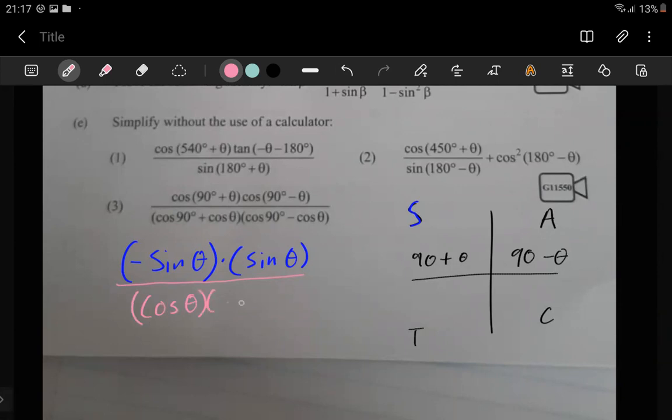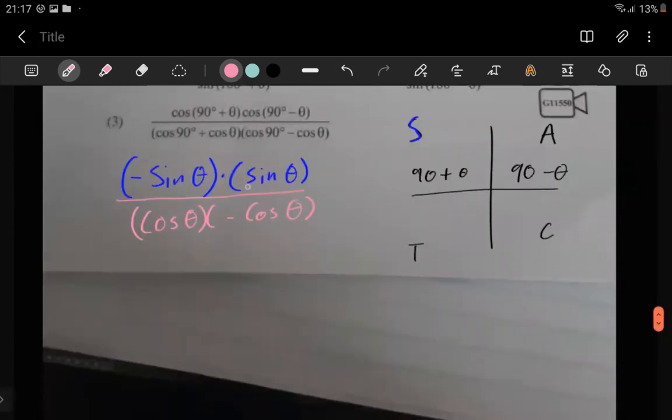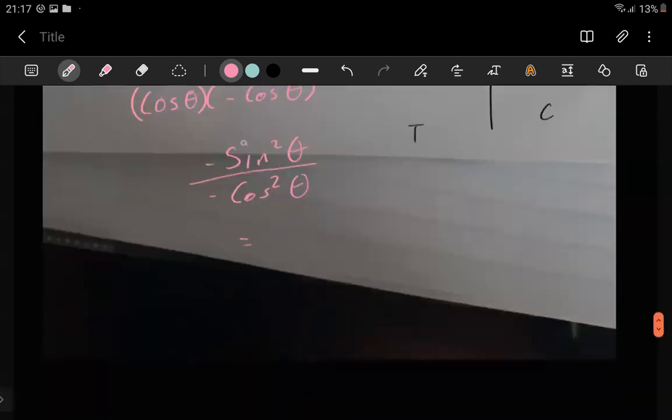So this is multiplied by negative cos θ. These two multiplied by each other, you're going to have negative sin²θ at the top, negative cos²θ at the bottom. Then the negative cancels the negative. And then sine over cos is a tan, but if they're both squared, the tan is also just going to be squared. Like that.